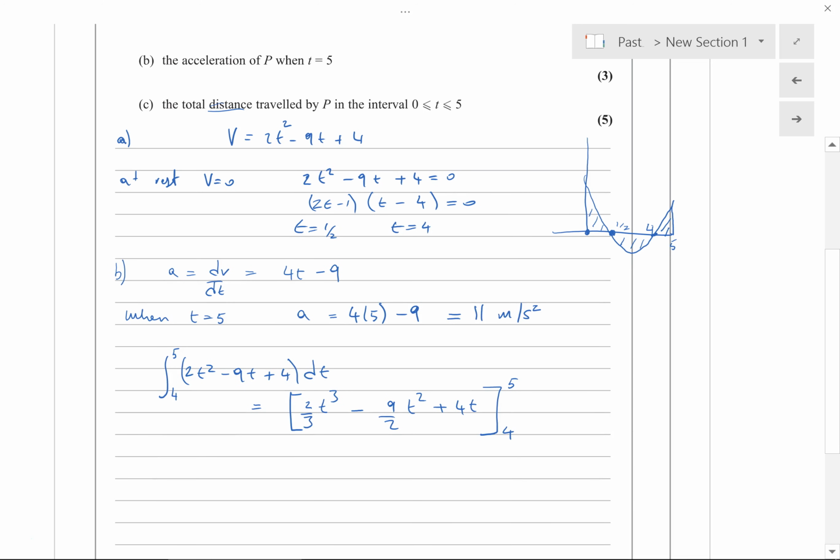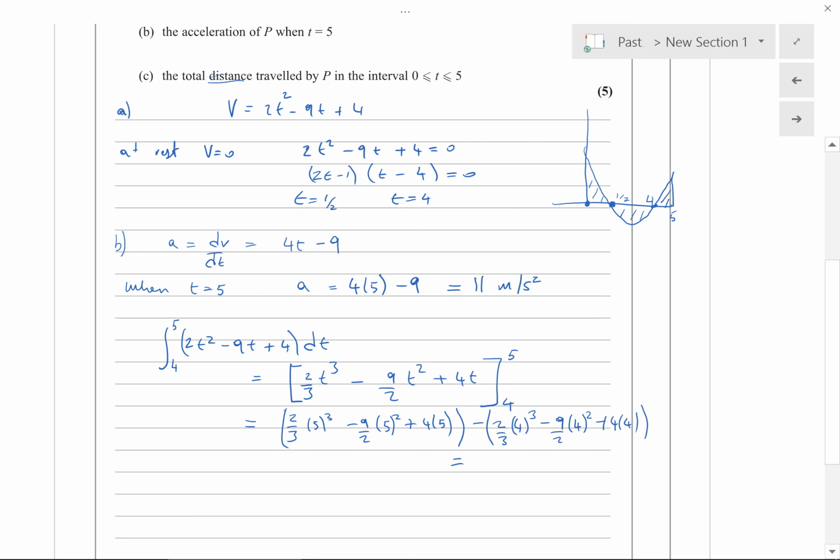Okay, and that equals two-thirds times 5 cubed minus 9/2 times 5 squared plus 4 times 5, take away 2/3 times 4 cubed minus 9/2 times 4 squared plus 4 times 4, and just working that out, that comes to 25/6.